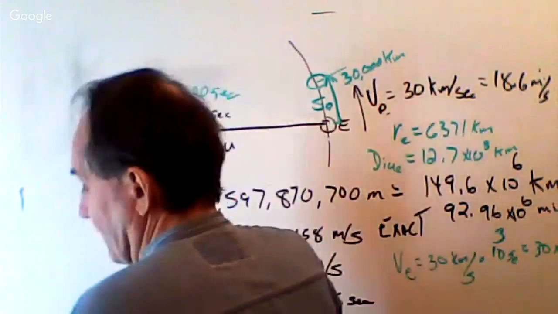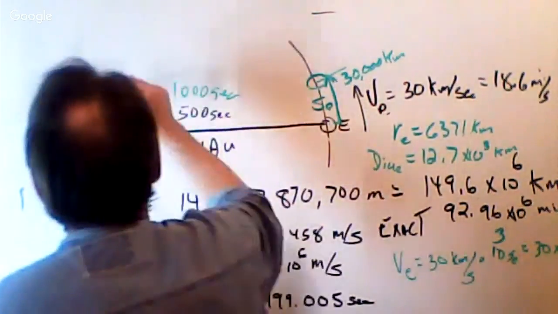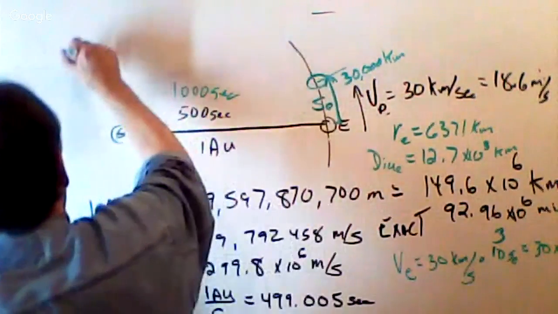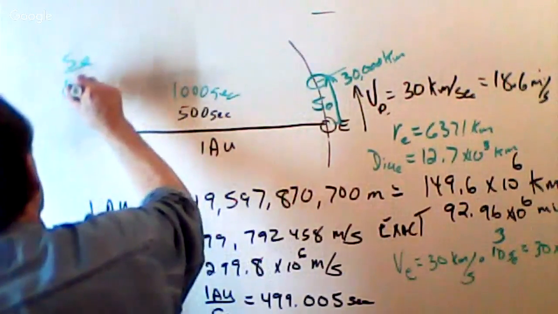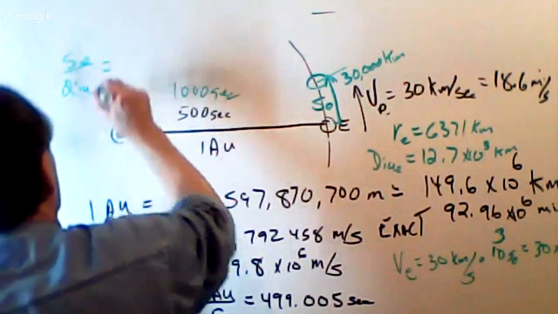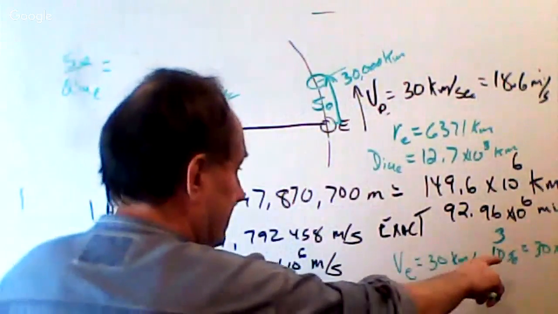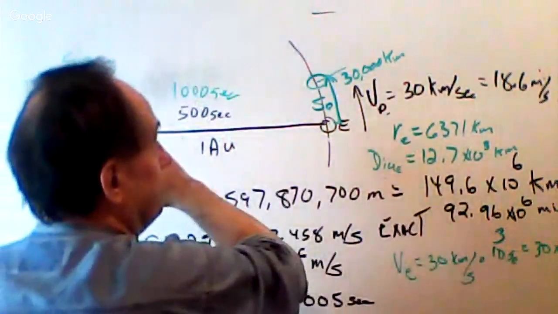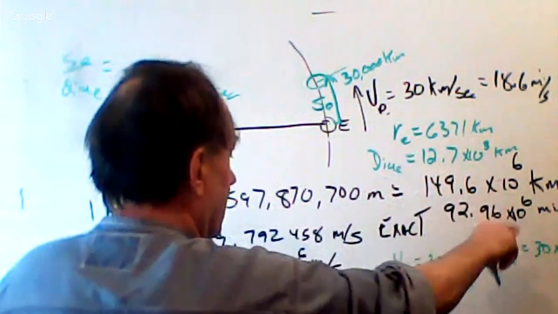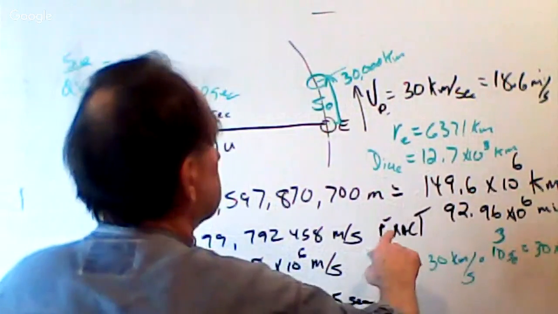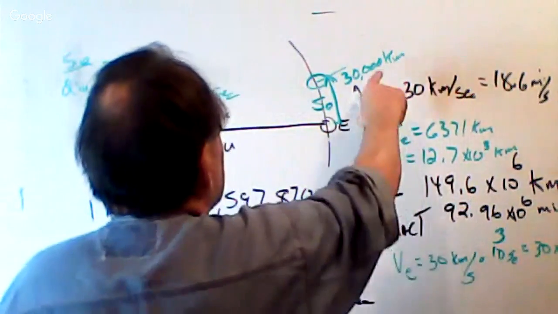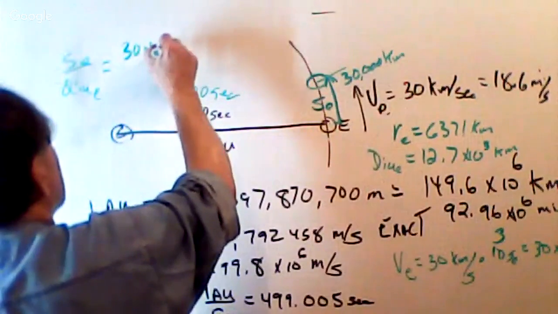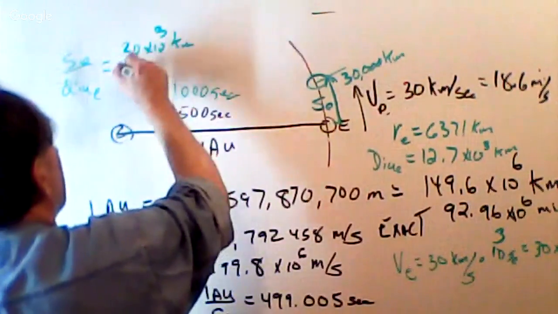Let's ratio SE to the diameter of the Earth. SE is 30,000 kilometers, so this is 30 times 10 to the third kilometers.